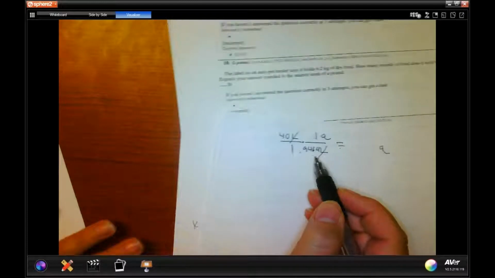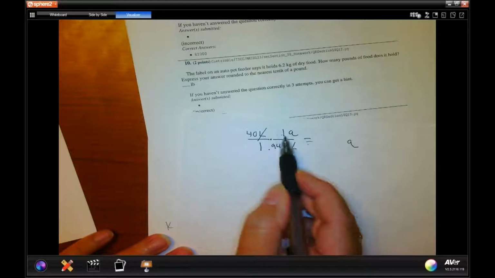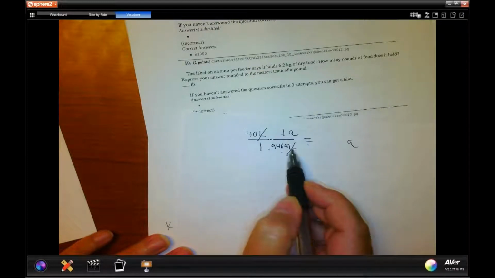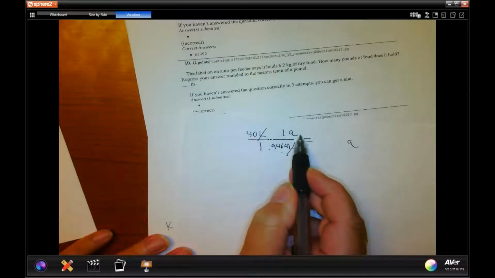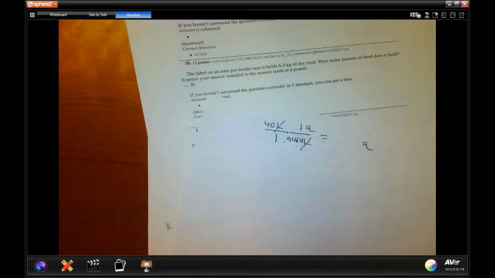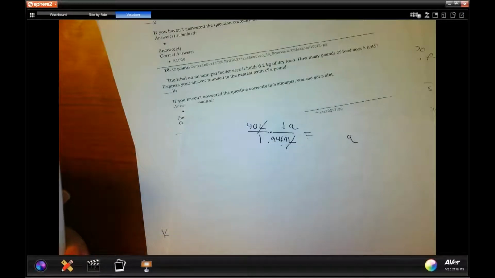This is going to tell you whether to multiply or divide. You don't have to guess. Anytime you have a non-1 digit up here, you're going to multiply. Then you're going to divide by any non-1 digits in the numerator or in the denominator. Multiply in the numerator, divide by the denominator. Excuse me. So this one is just 40 divided by 0.9464.